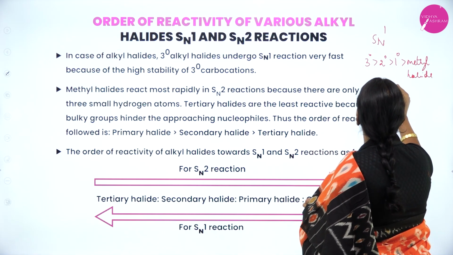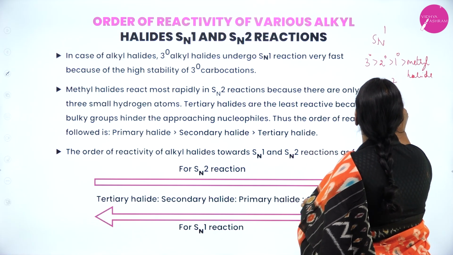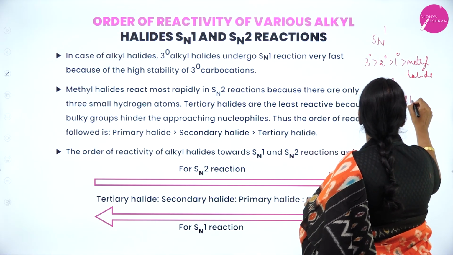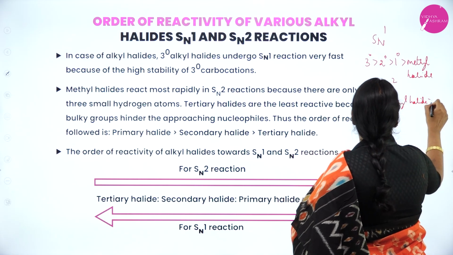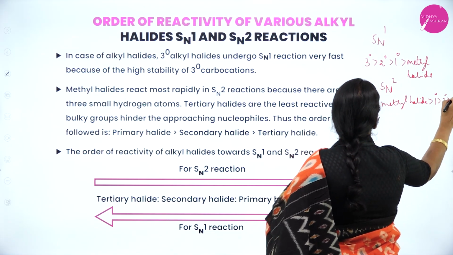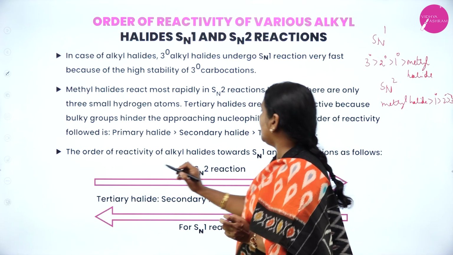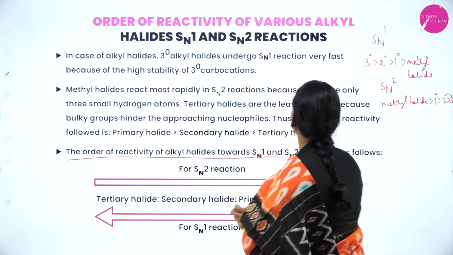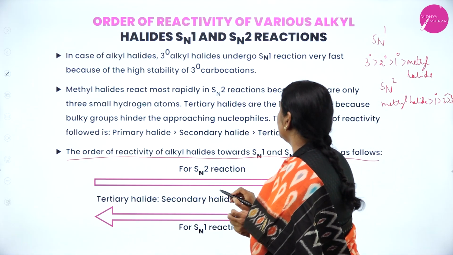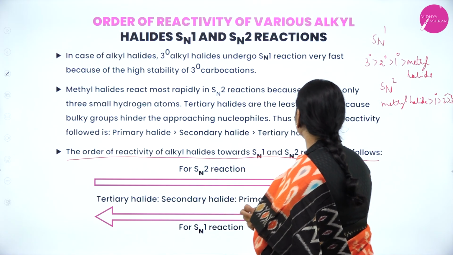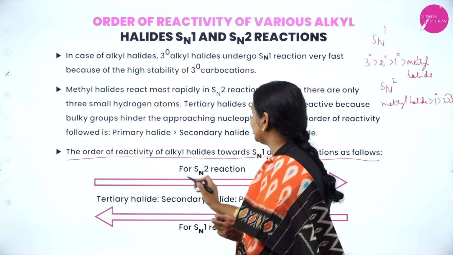In SN2, methyl halide, primary, secondary, tertiary. Observe here the order of reactivity of alkyl halide in SN1 and SN2 mechanism. For SN2, which one is first? Methyl halide, primary, secondary, tertiary.